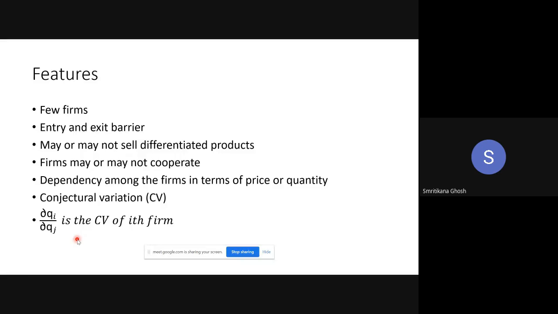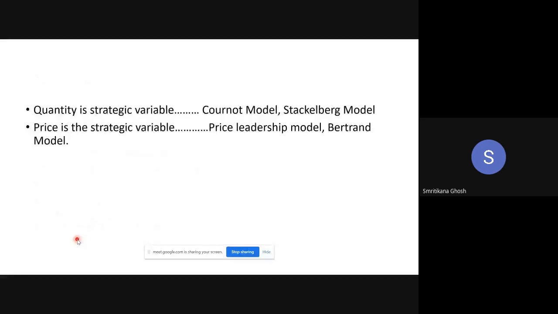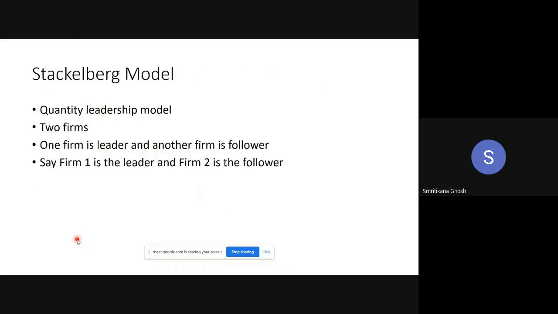So if conjectural variation is clear to you and you know what a Steckelberg model is, tell me what will be the conjectural variation of firm 1, that is the leader firm. Just make a try. I'm asking whether conjectural variation will be zero or non-zero. That is my question.